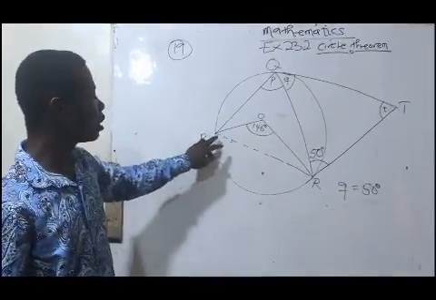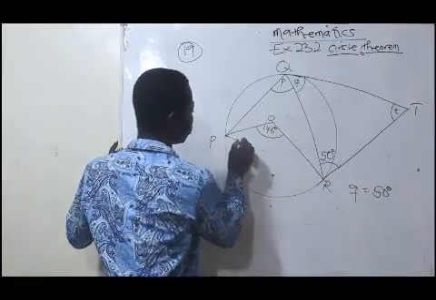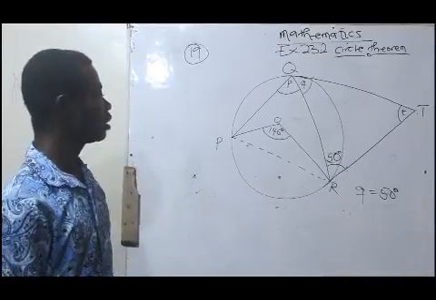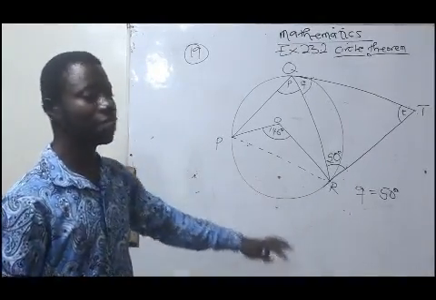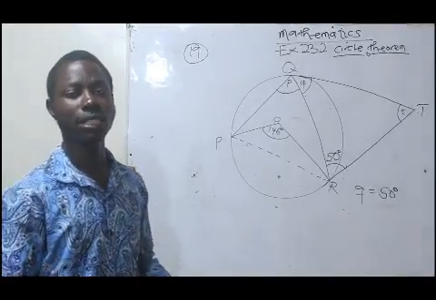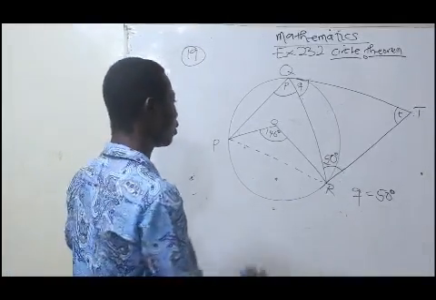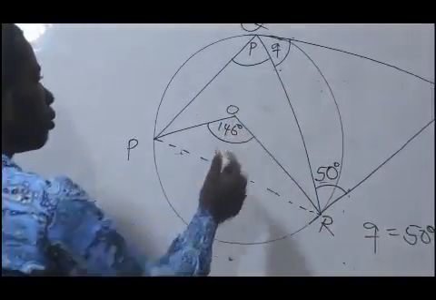Let's assume we have an imaginary chord joining PR. Since we have an imaginary chord here, we know that when the chord subtends an angle at the center of the circle, it is twice the angle that same chord subtends at the circumference of the circle. So if you have 146 here, then twice of P should give us 146.